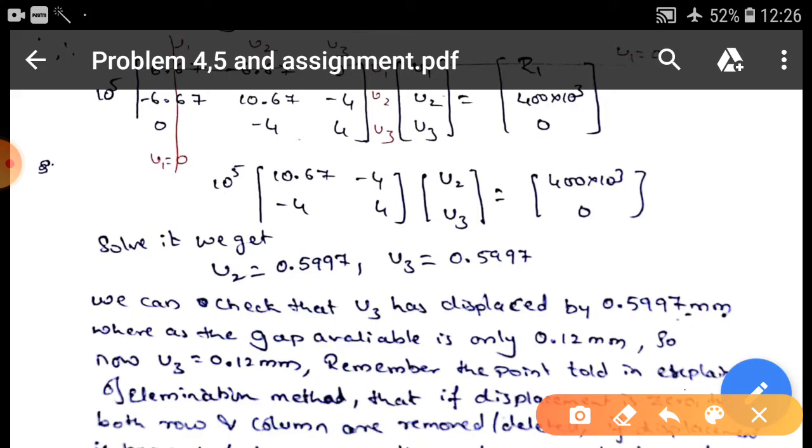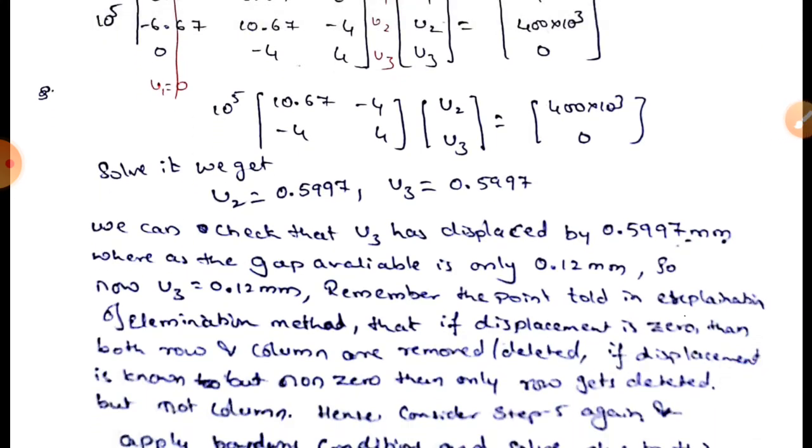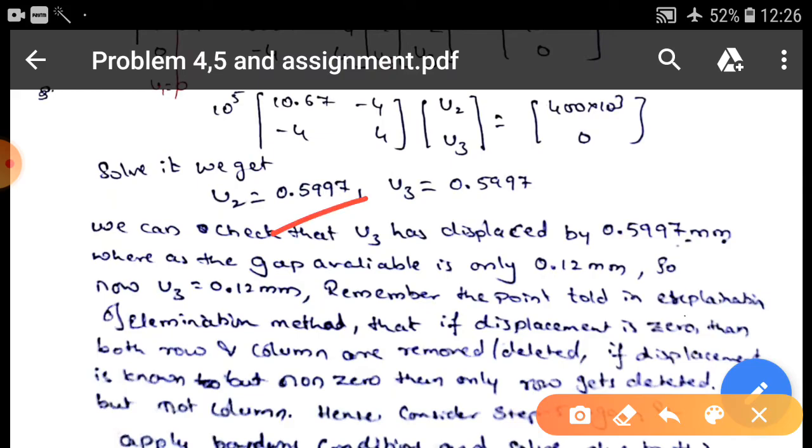That is 10.67 u2 minus 4 u3 equals 400 into 10 raised to 3. With different techniques you will get the values of u2 and u3. u2 is 0.5997, u3 is also 0.5997.